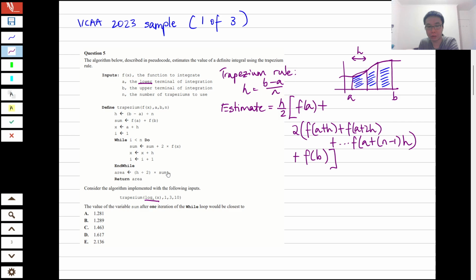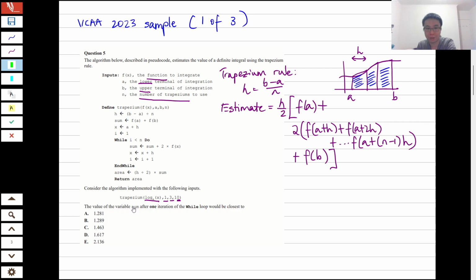We are given the lower terminal 1, the upper terminal 3, and the number of trapeziums that this is going to use is 10. However, we're not going to calculate the entire trapezium rule estimate, because we need to read the question very carefully.